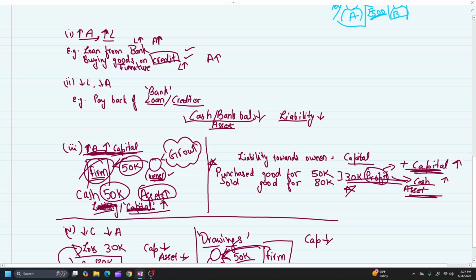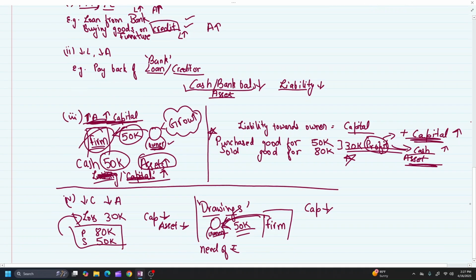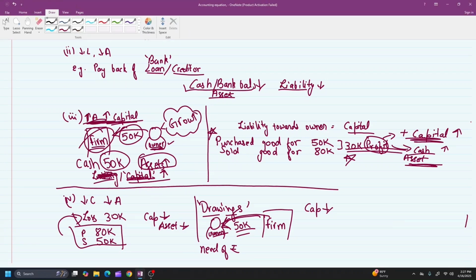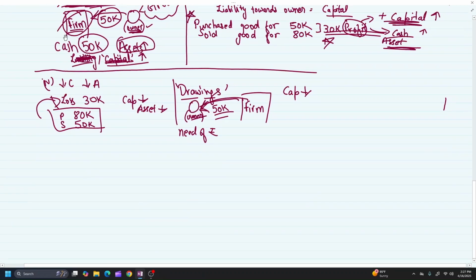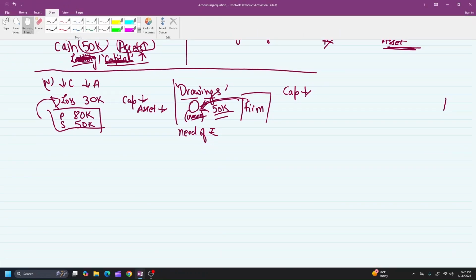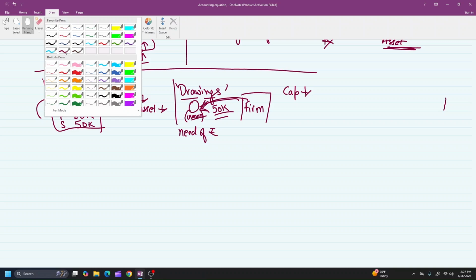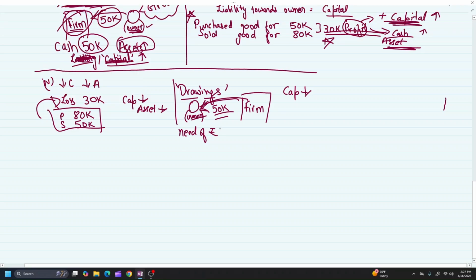And I had to return this money back. Now I am returning the money. So if I'm returning it now, of course my capital will decrease.